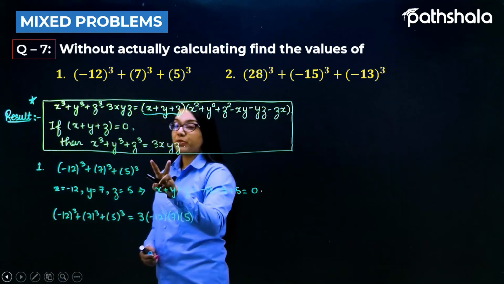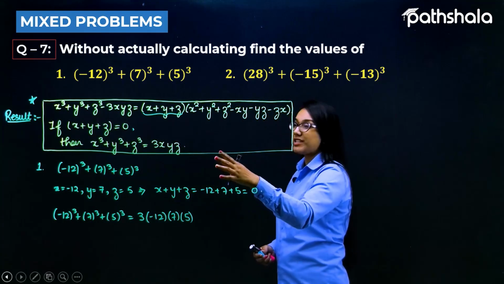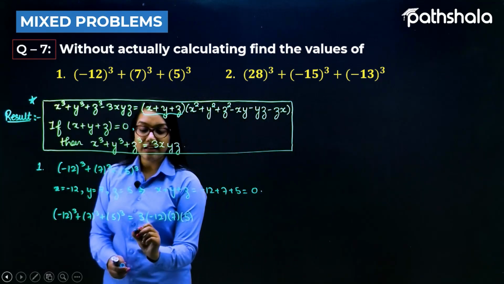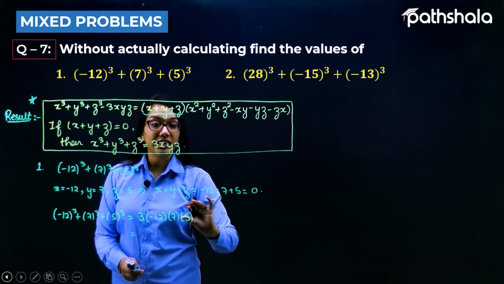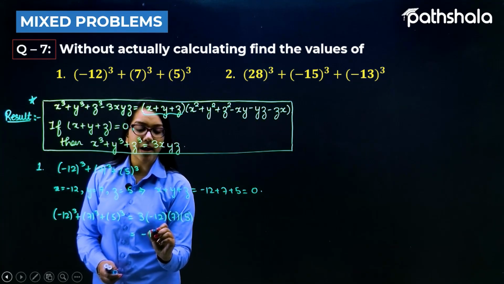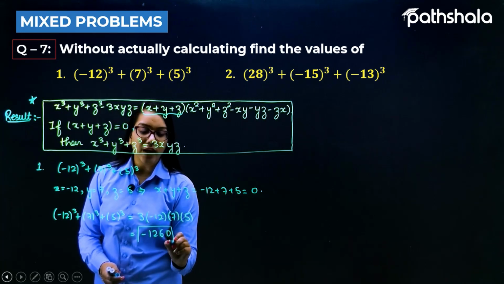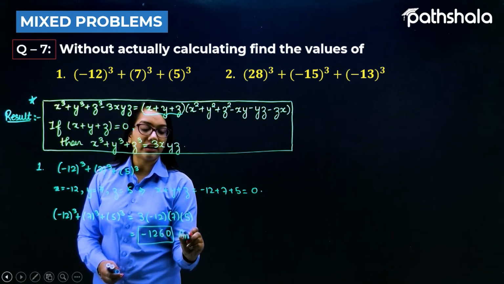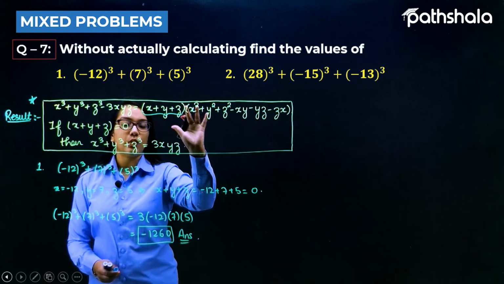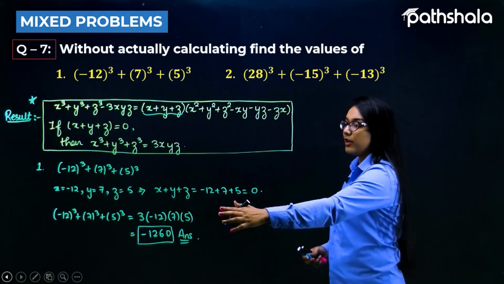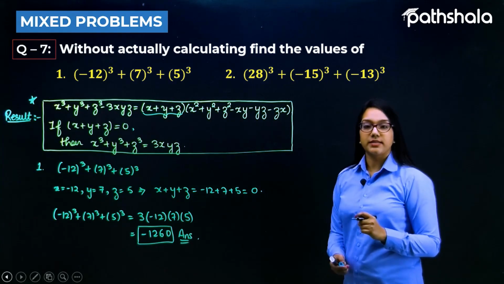So we are using the result that x cube plus y cube plus z cube is equal to 3xyz, and at the end when we multiply all these terms together, we will get the answer as minus 1260. So without actually calculating, we have deduced the answer using this particular result, that whenever x plus y plus z is equal to 0, this value should always be equal to 3xyz.